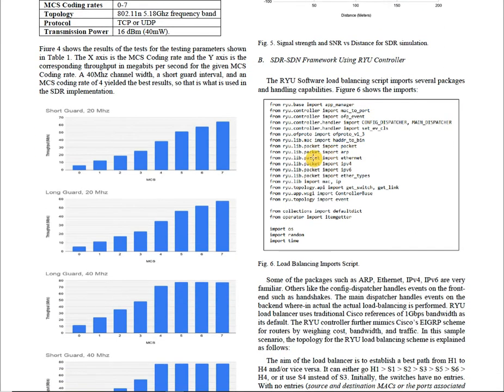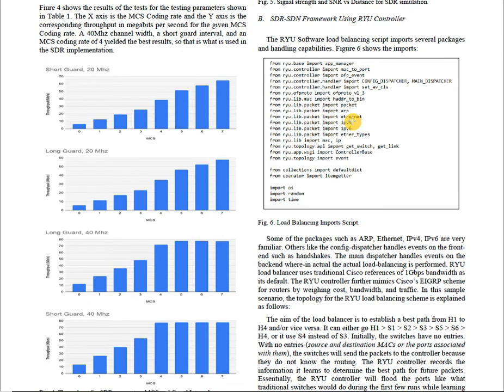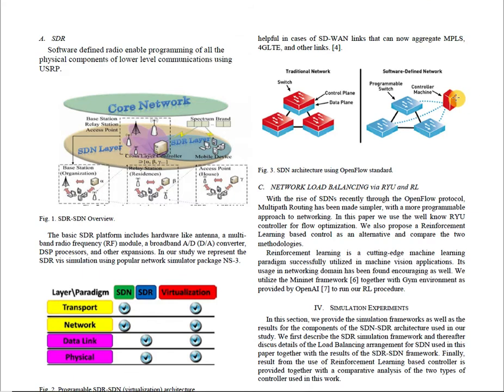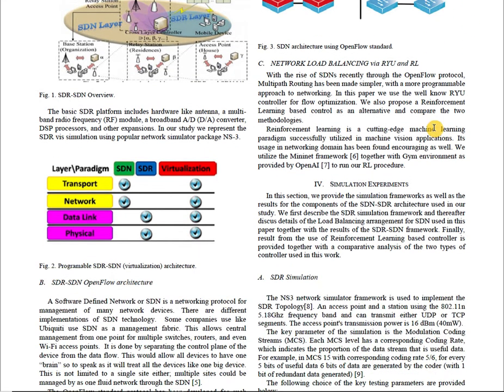Once we have those simulations set up, we invoke the Ryu software for load balancing, which is primarily the brain of our system, using the classical ways of control, but in this case they are not located at individual routers or individual switches. They are a unified control of all the switches, using the architecture as you can see in figure 3. So that is the Ryu controller's location, and the Ryu controller performs control from there.